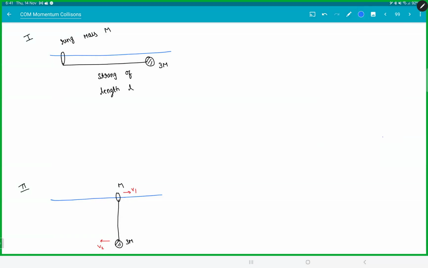Be careful. Horizontal forces are 0. Vertically, forces are not 0. Why? mg is there, and on the ring the normal reaction is also there. In the vertical direction, you can't do anything. Horizontal forces are 0. Therefore, horizontal momentum is constant.